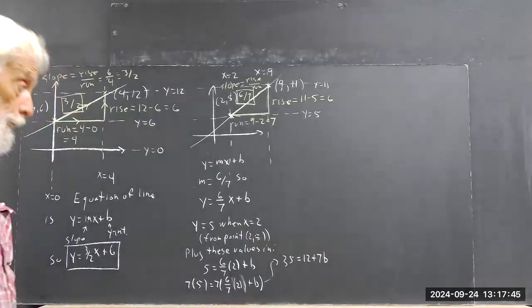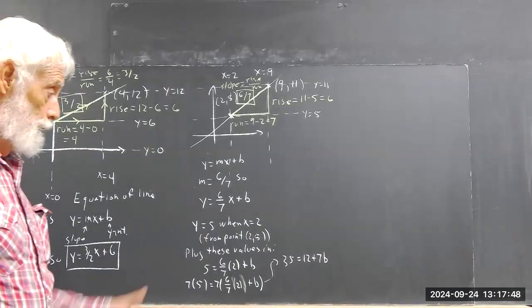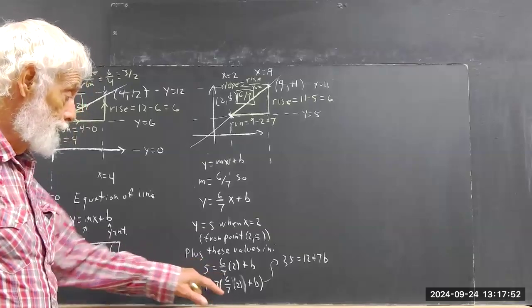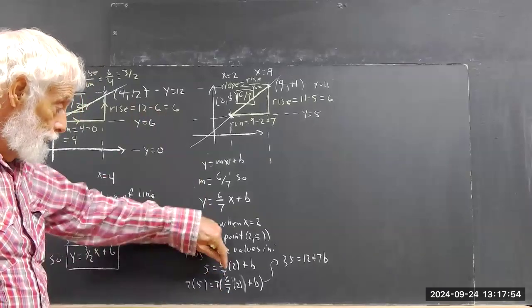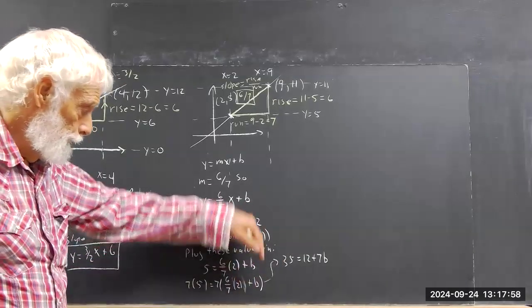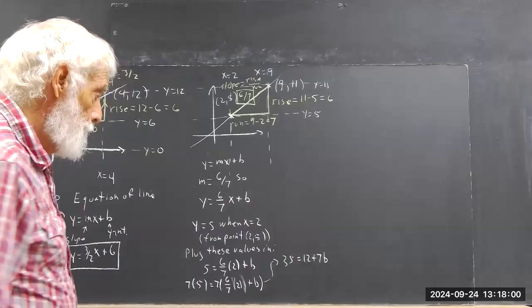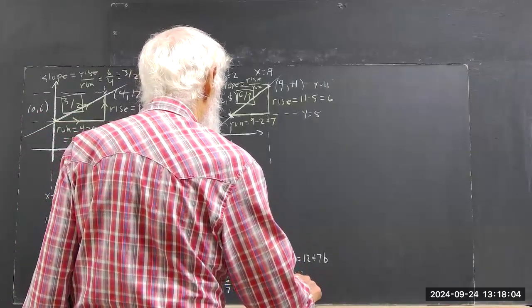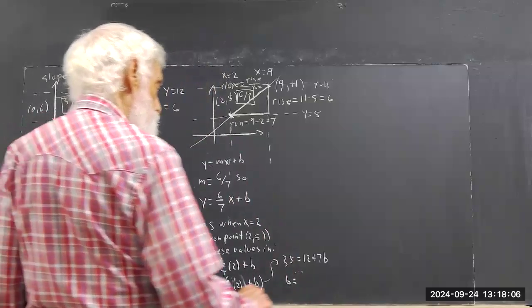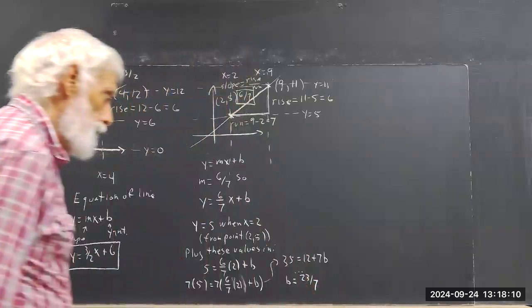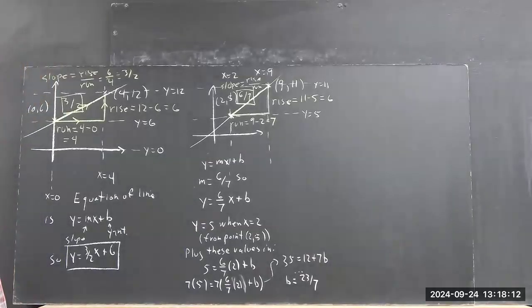With simple algebra, or simple arithmetic, 7 times 6/7, so 7 will divide this 7, leaving you 6 times 2, which is 12. 7 times 5 is 35, and 7 times b is 7b. A couple of steps. Did you want to write it out to be sure? b is then going to be 23 over 7, if I did my arithmetic correctly.